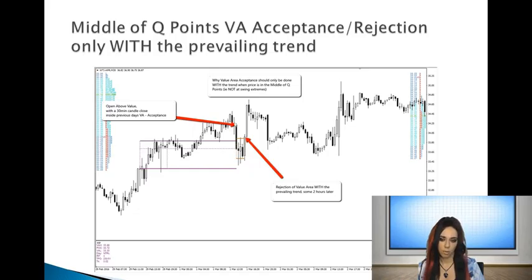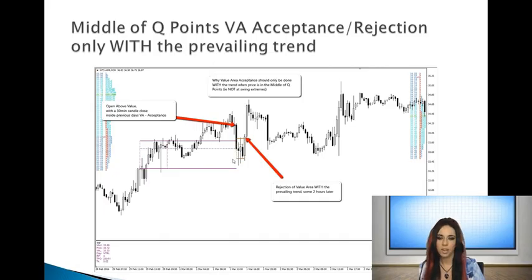That's the open, okay? That is the candle that opened over here. And then we get an acceptance of value that is against the trend without reaching the Q highs first. So since the price is not in a swing extreme, you get a lot of rejection wicks here. Look at these. Look at the way they're created.